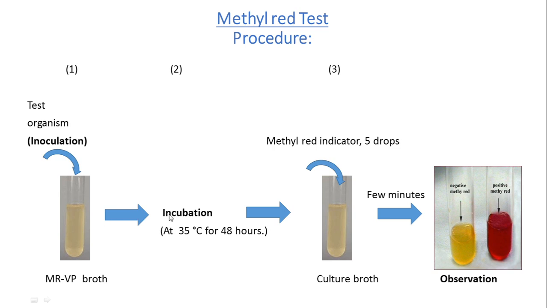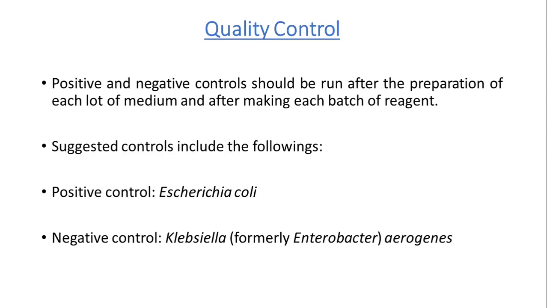After inoculation, incubate at 35 degrees centigrade for 48 hours, and then to this culture growth tube add 5 drops of methyl red indicator, and within a few minutes you may find the red color if the organisms are methyl red positive. That means the organisms follow the mixed acid pathway and produce a pH significantly below 4.4.